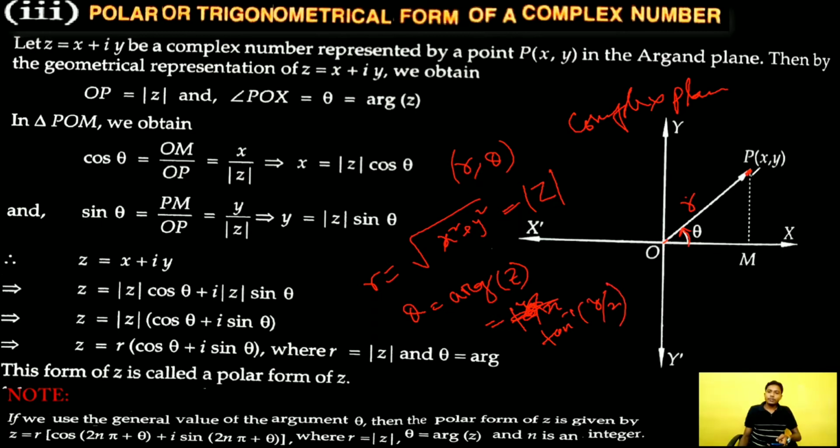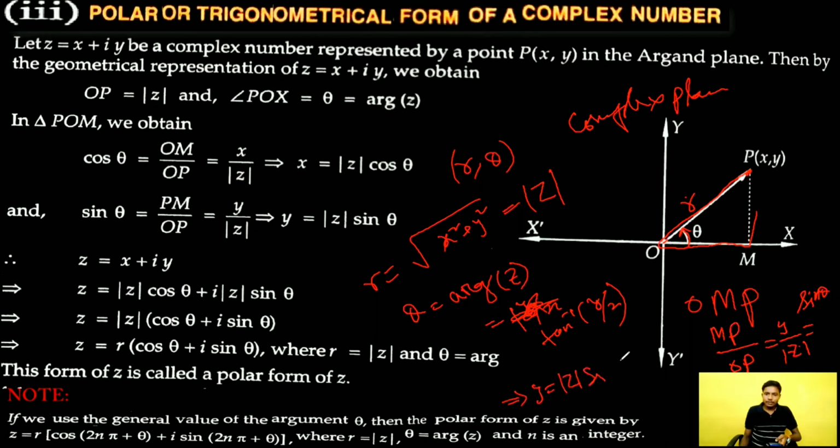Now for this right-angled triangle OMP, height MP divided by hypotenuse OP is equal to y by mod z, which is equal to sine theta. This implies y is equal to mod z sine theta.